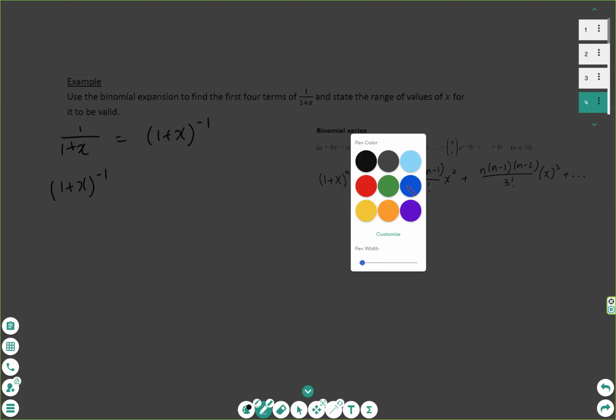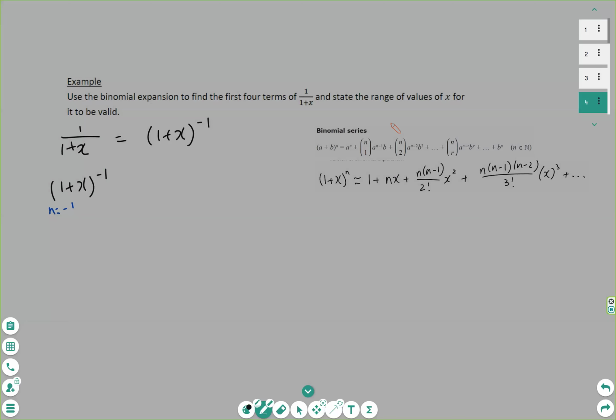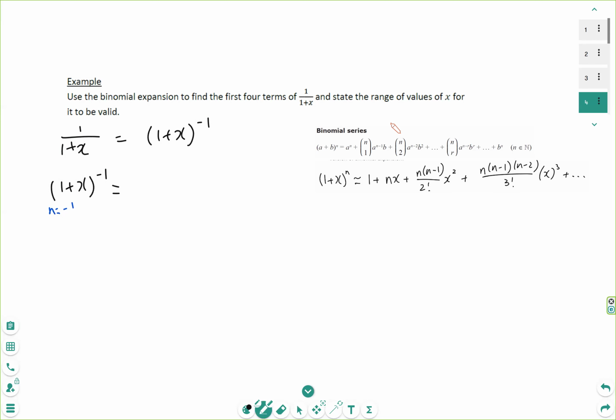So how do we use this? We can see n is equal to minus 1. n is a power, so we can apply the formula. The question wants us to find the first four terms.